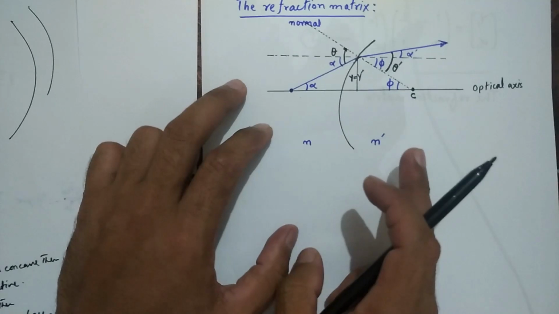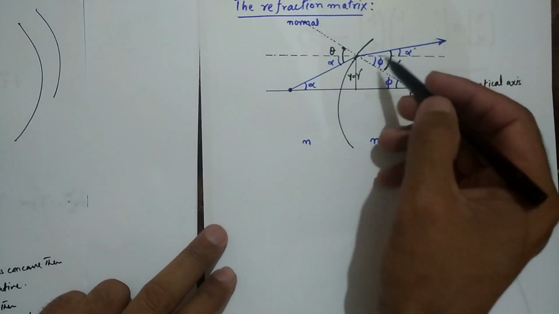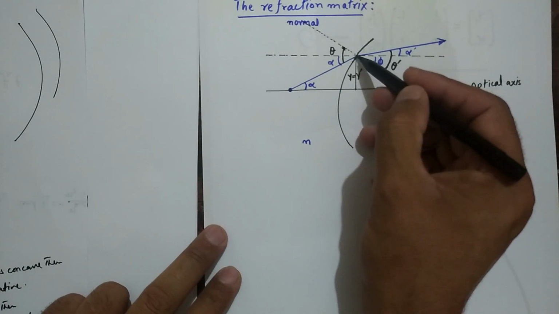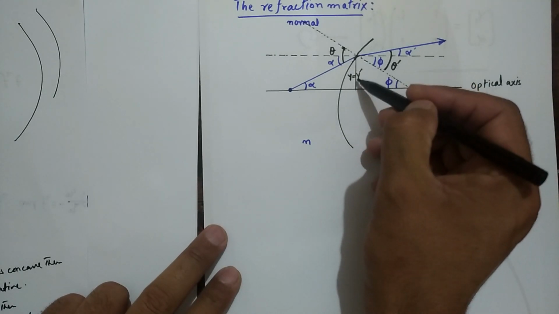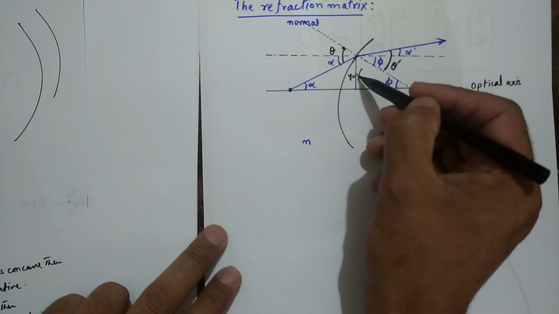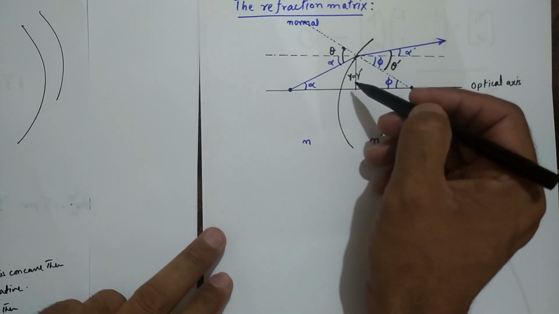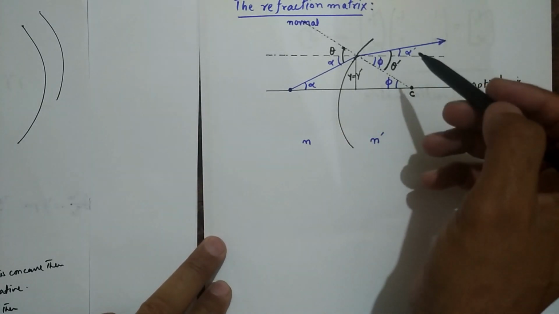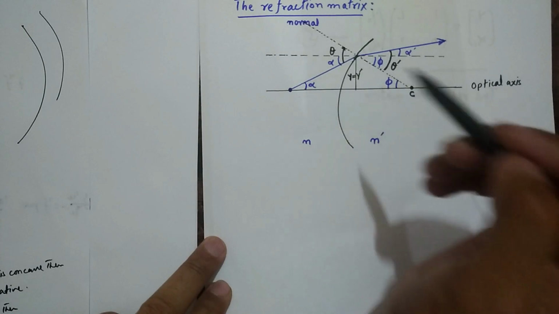As from this figure you see that the refraction occurs at this point, and before refraction the height of the ray was y, and after refraction the height of the ray is y prime. So y is equal to y prime. On the other hand, now we want to find alpha prime in terms of alpha.